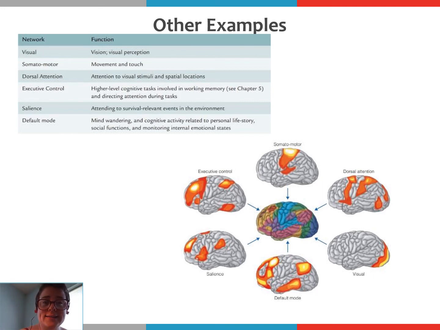And again, anytime that we are processing meaningful information, particularly information that is going to be relevant to our survival, as in salience, there's going to be multiple regions activated.